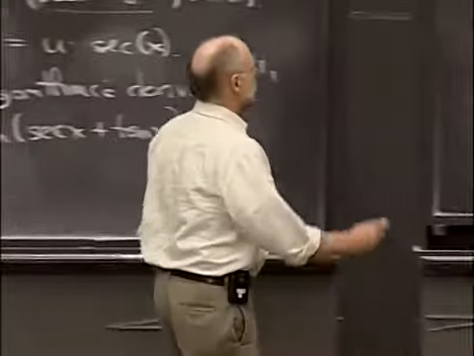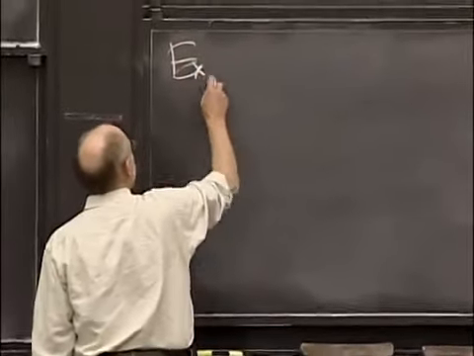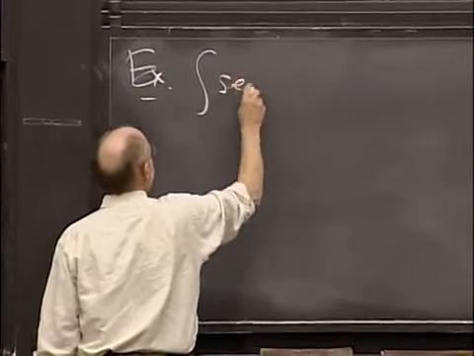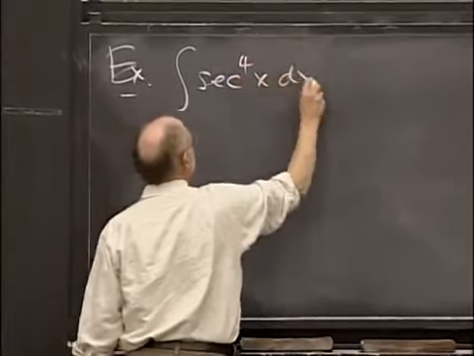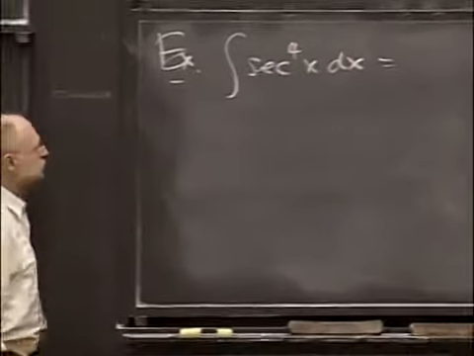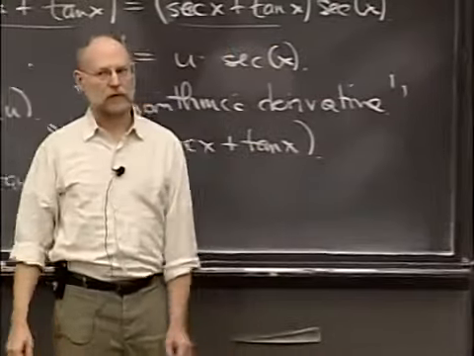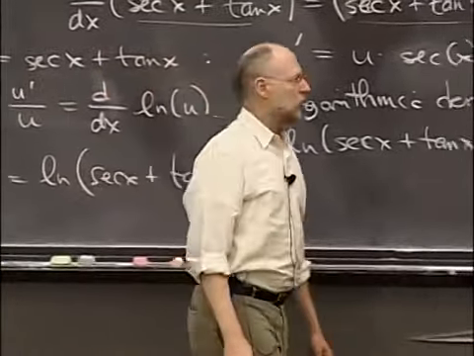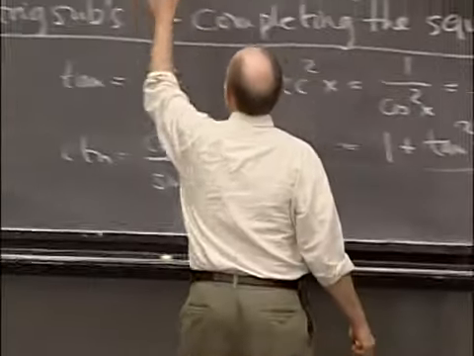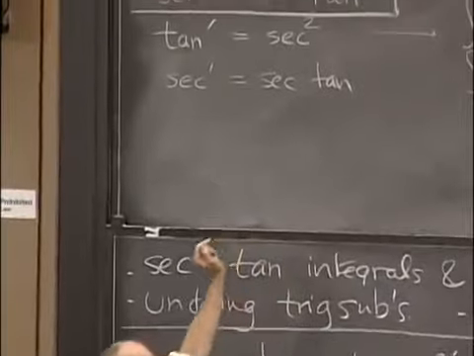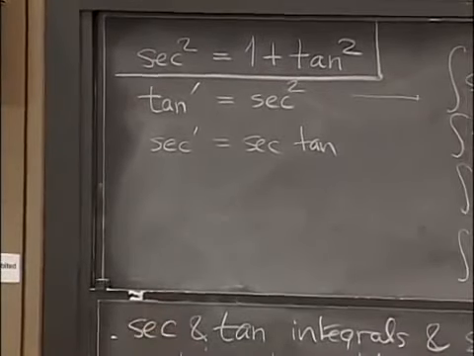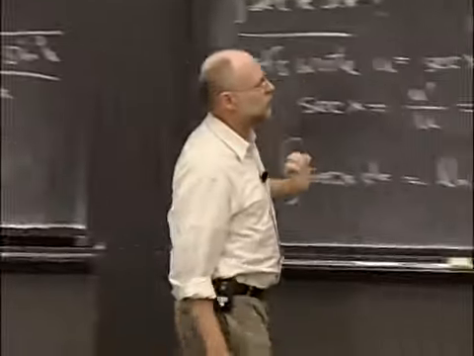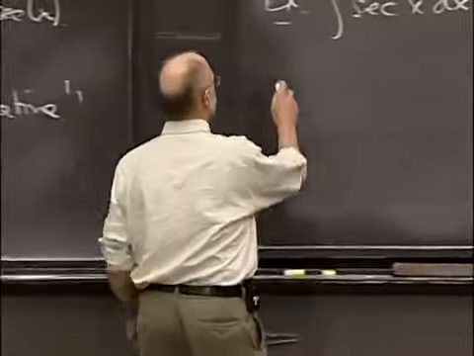For example, let's try to integrate the integral of secant to the fourth of x. Big power of the secant function. Well, there are too many secants there for me, so let's take some away. And I can take them away by using that trig identity, secant squared is 1 plus tangent squared. So I'm going to replace 2 of those secants by 1 plus tangent squared.